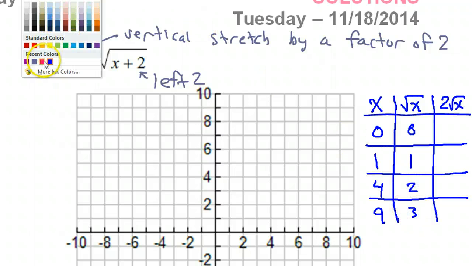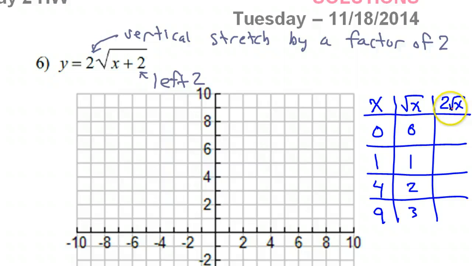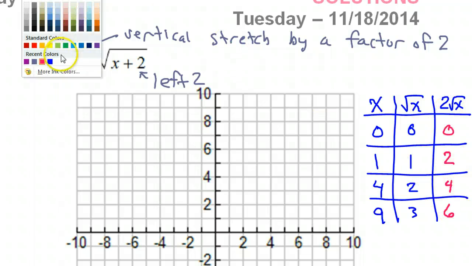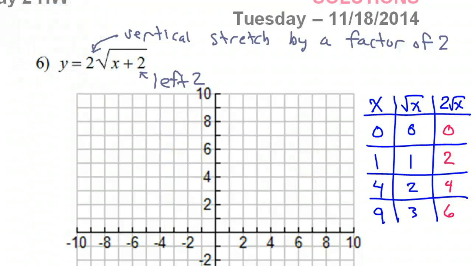But now, we will apply the a value and multiply all these by 2. So that's going to be 0, 2, 4, and 6. So these are the values that we will sketch. Now I'm only doing the skeleton at first because this is not the final answer until we do the shift left 2.